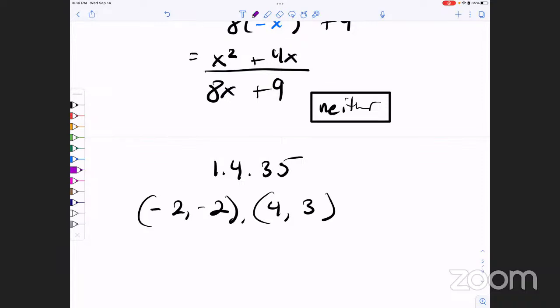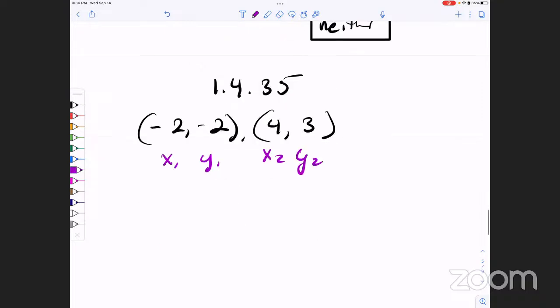So x1, y1, x2, y2. We usually like to find a slope, y2 minus y1 over x2 minus x1. And then also, we want to have a copy of the slope intercept.